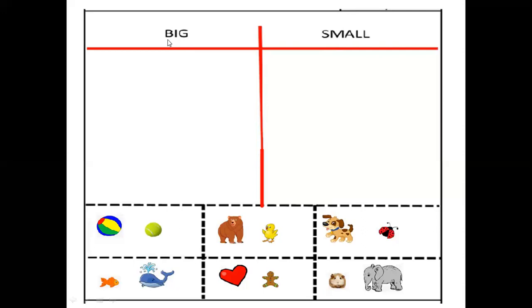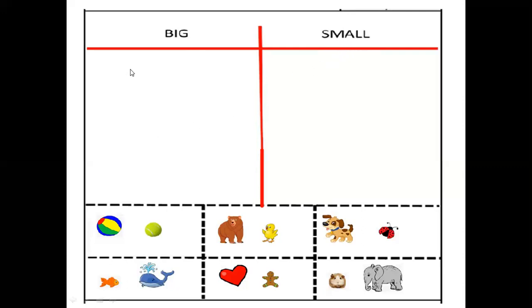What is the spelling of big? B-I-G, big. And what is the spelling of small? First of all, learn it and recognize it. This one is big and this one is small. S-M-A-L-L, or we can also call it double L. Okay, big and small. Understand?